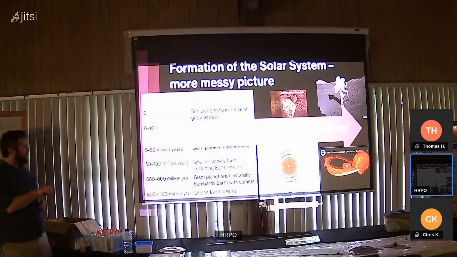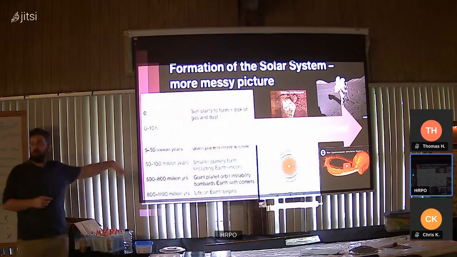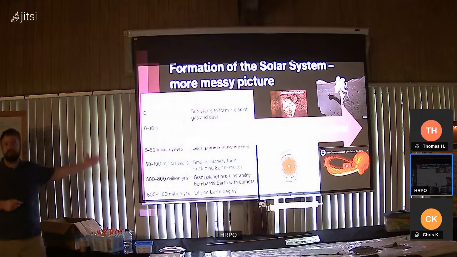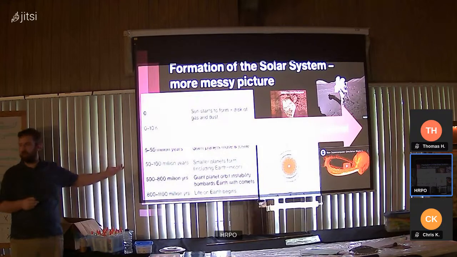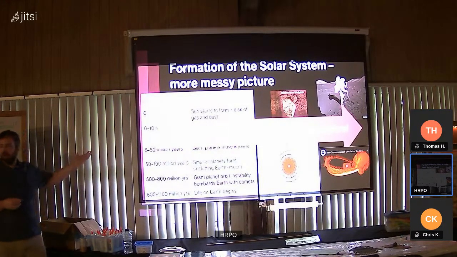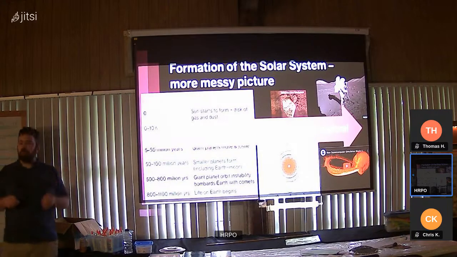And then after 800 million to 1 billion years, life on Earth began. So the questions that we're trying to answer in studying planet formation also set the stage for questions about whether life forms on other planets, and what the conditions for that are. And again, if you need certain mixes of elements, does that impact the occurrence of life elsewhere?